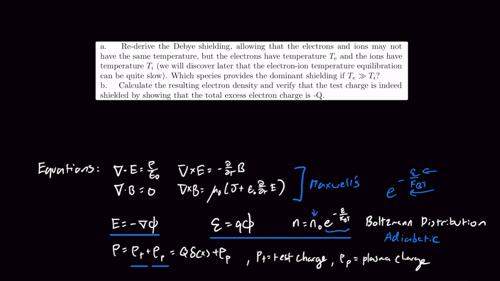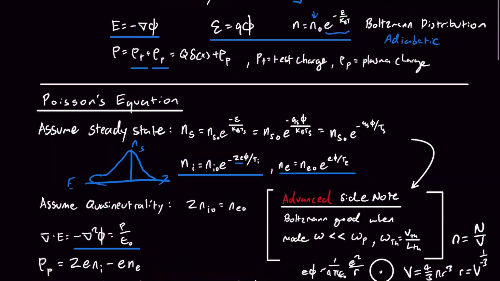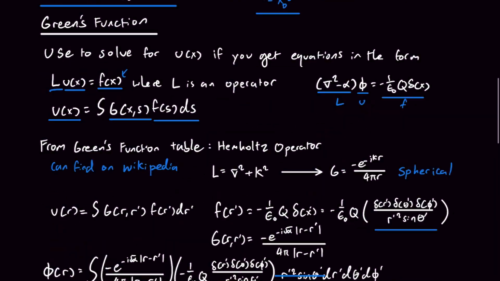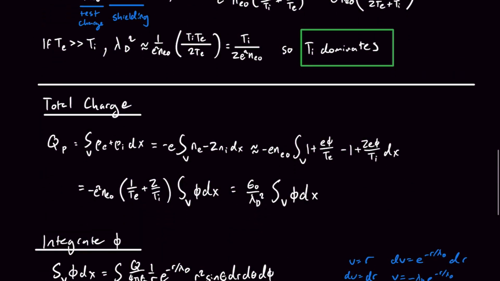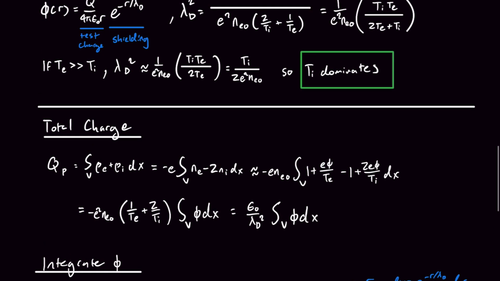And now calculate the resulting electron density and verify that the test charge is indeed shielded by showing that the total excess charge is negative Q. Okay, so over here, the total charge is going to be integrating basically across all of space the test charge plus the plasma charge.